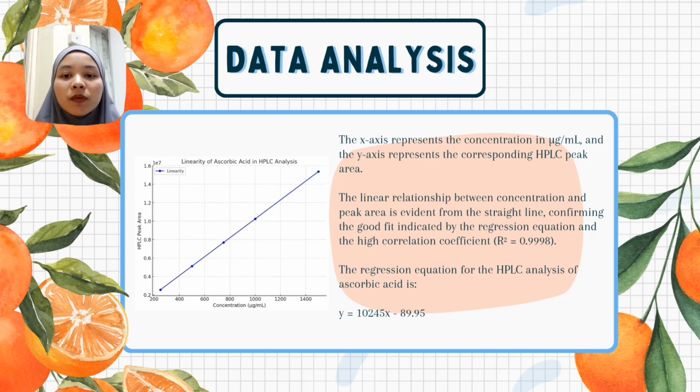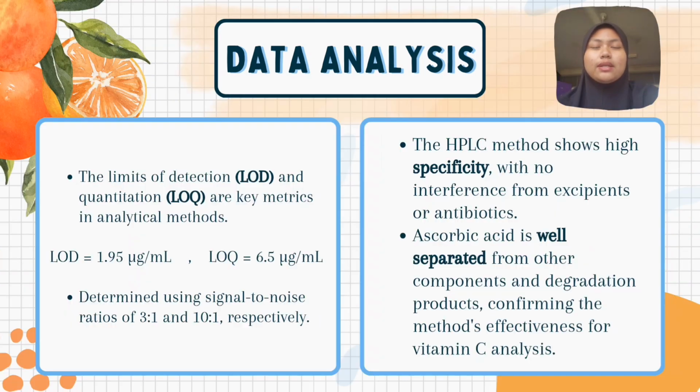The regression equation for the HPLC analysis of ascorbic acid is y equal to 10245x minus 89.95.